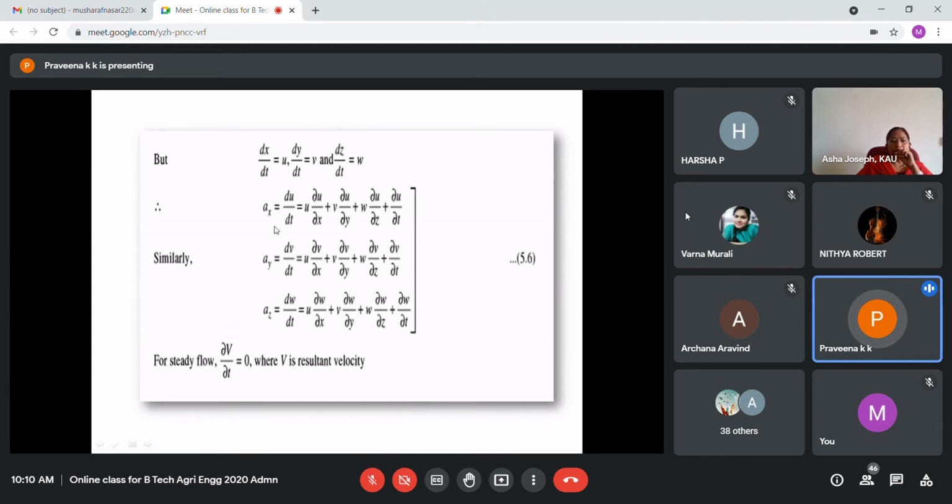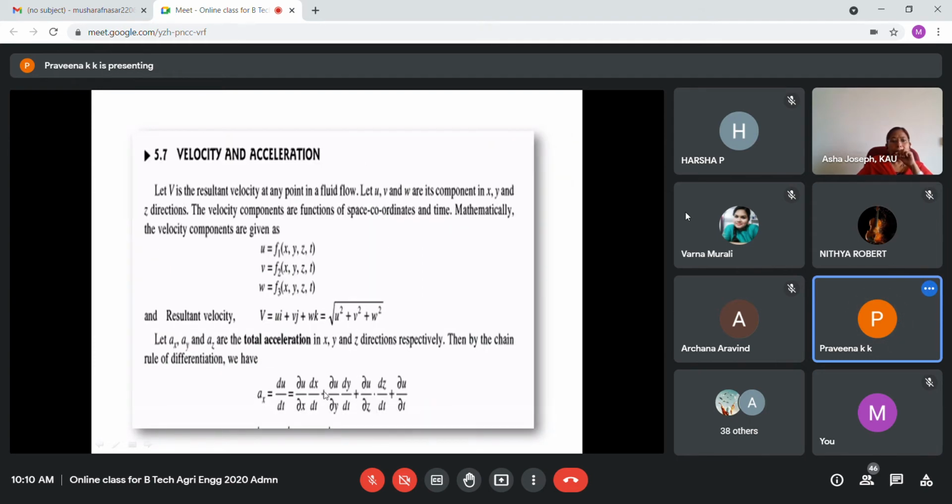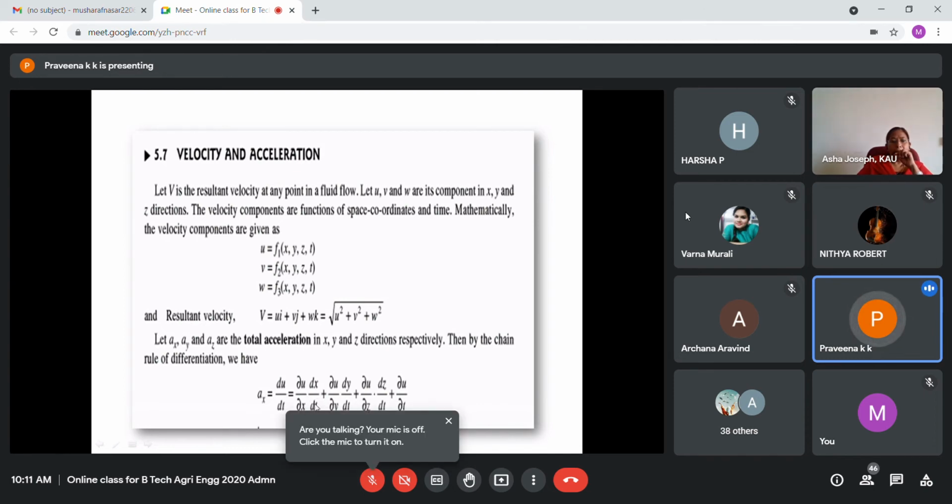Then the equation will be changed into this: du by dt will be equal to u into dou u by dou x. Here, instead of dx by dt, we have written u. So dou u by dou x into dx by dt will be changed into dou u by dou x into u.